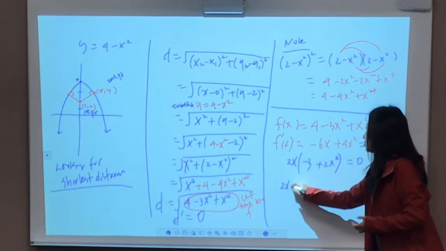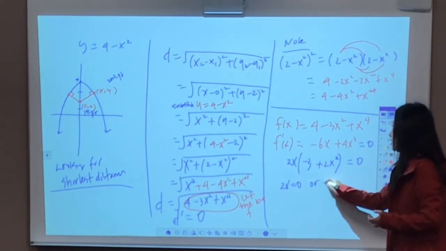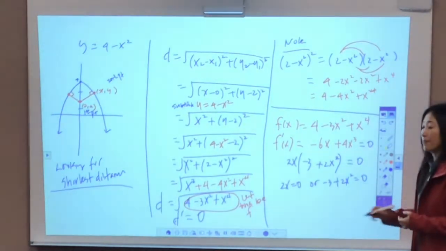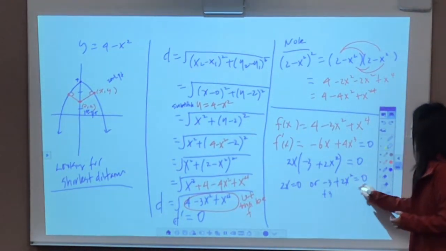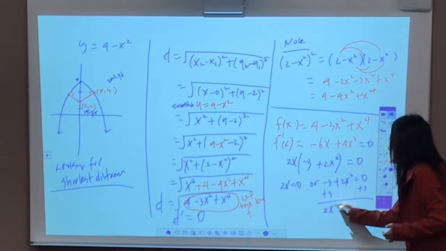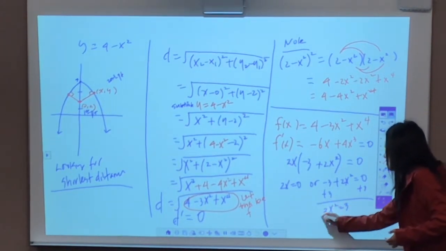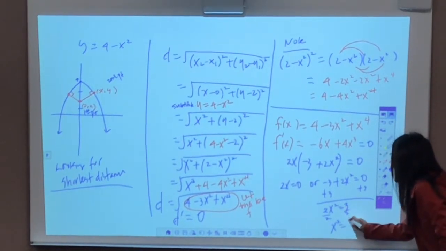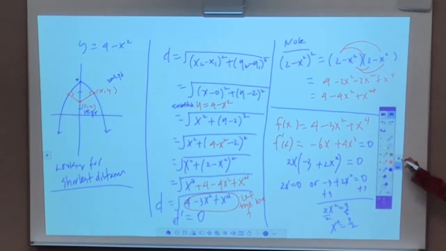So 2x equal to 0, or negative 3 plus 2x squared equal to 0. So add 3. So 2x squared is equal to 3, divided by 2, that's right. So I have x squared is equal to 3 over 2.